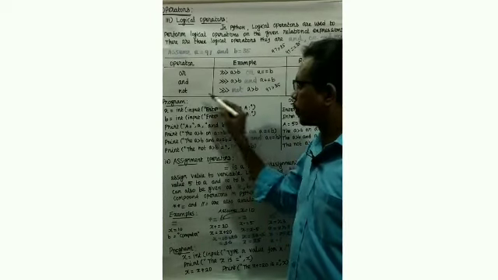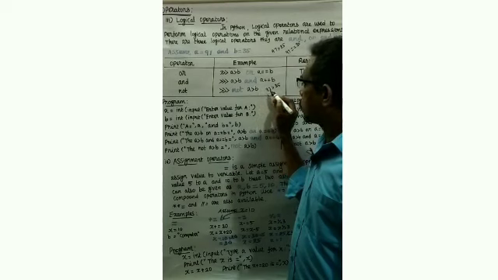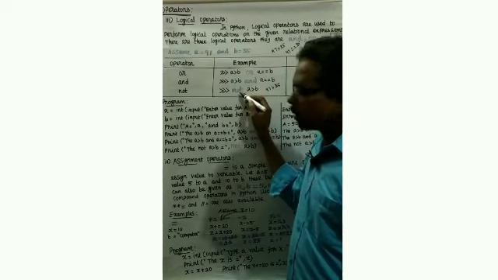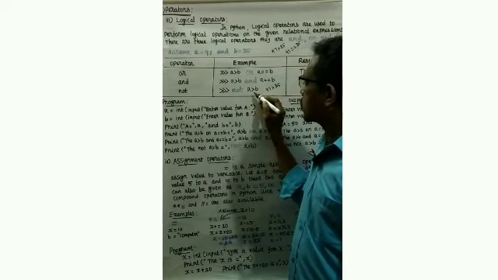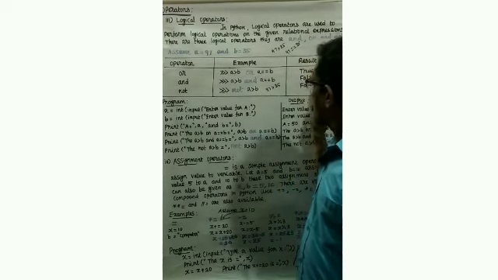Okay, third one, NOT operator. A greater than B, so 97 greater than 35, the condition is true, but what they have given is the NOT operator, not A greater than B, so the answer is false. That means not true.